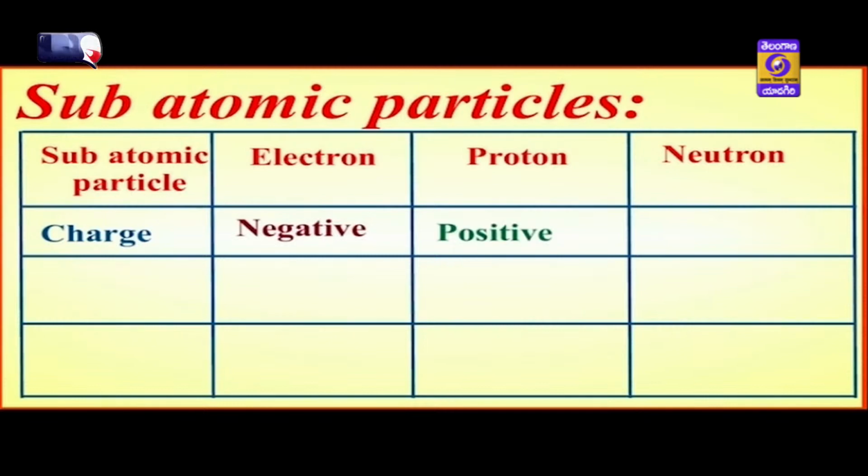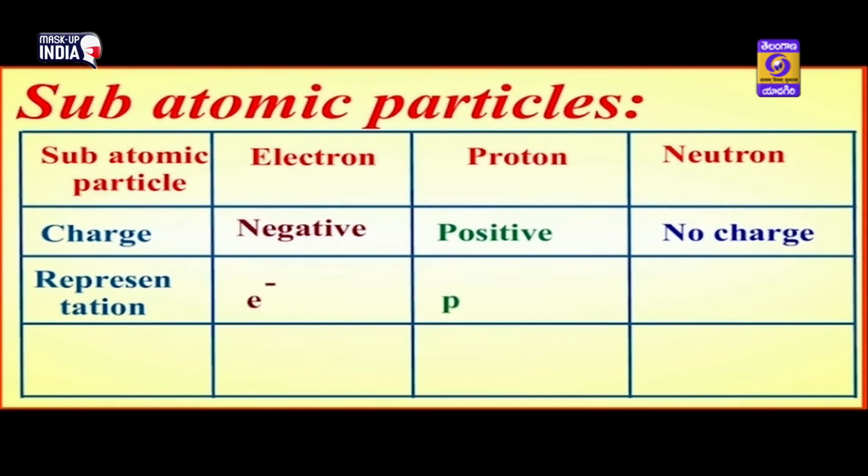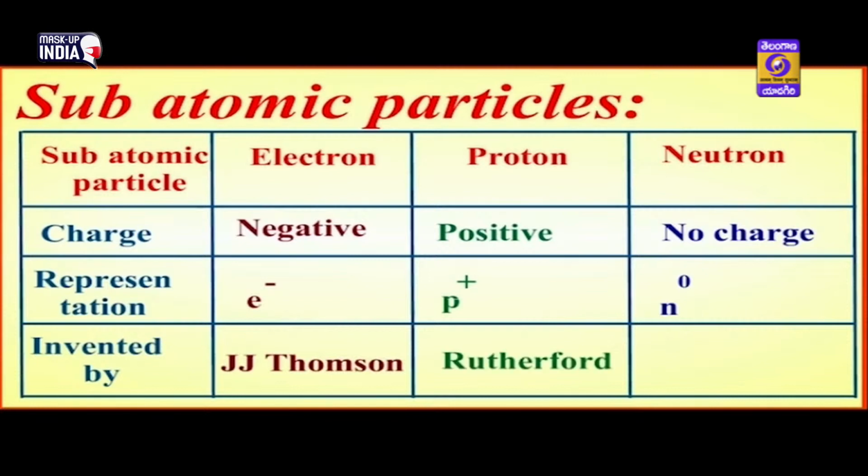The charge of proton is positive. The neutron has no charge. Electron is represented with e minus, proton is represented with p plus, neutron is represented with n zero. Electron was discovered by J.J. Thomson, proton by Rutherford, and neutron by Chadwick.